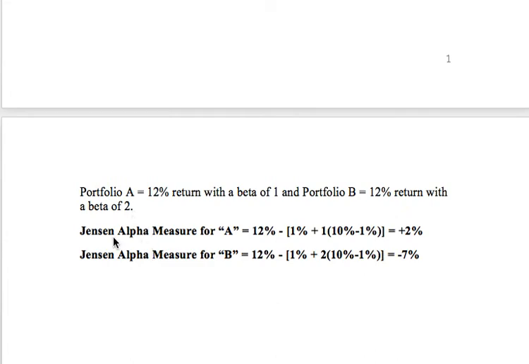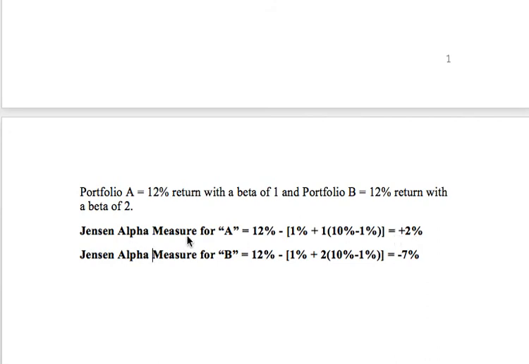So in that particular calculation, focusing in on what the alpha measure is for A, it's 12%. That's what we expect the return to be for our portfolio, minus the risk-adjusted rate of return, 1% plus 1 times the quantity of the expected market return minus the return on 90-day treasuries, and that equals 2%.